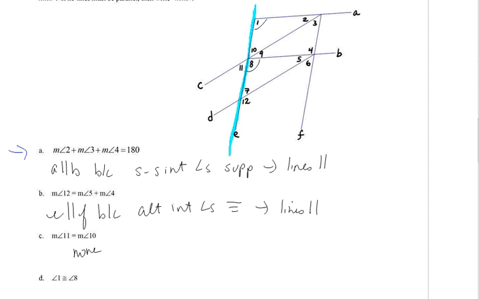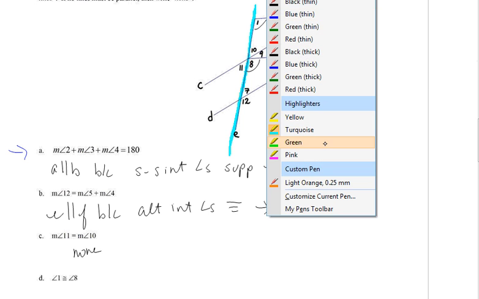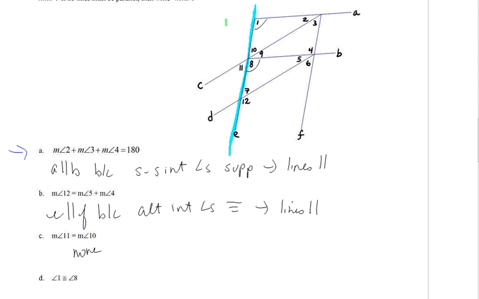Okay, and then what two lines does the turquoise line touch that form 1 and 8? Because this turquoise line cuts through several lines. But what forms 1 and 8 with the turquoise? We'll mark that in green. So let's see. 1 is here and 8 is here.